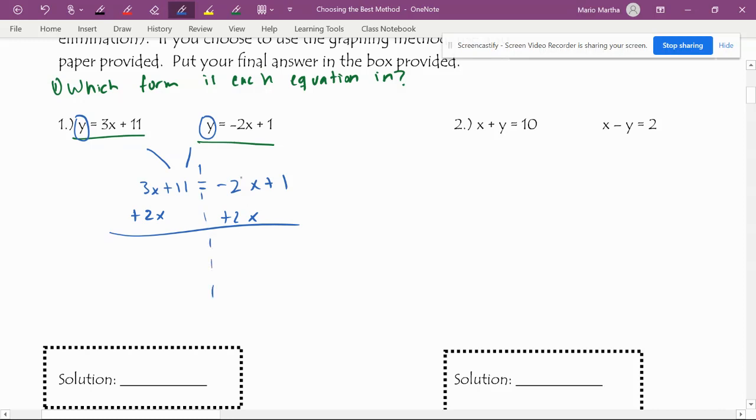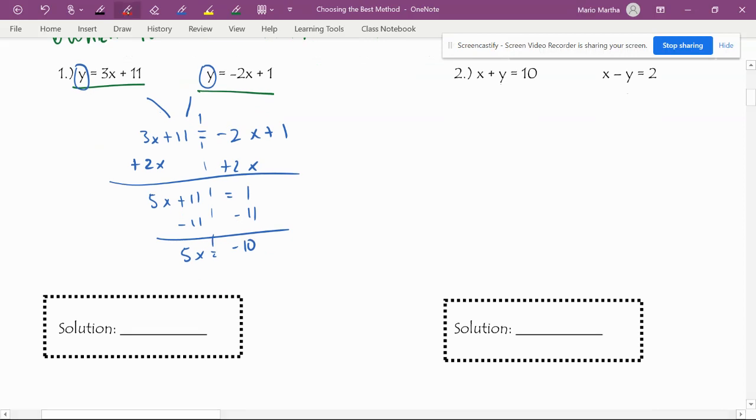Draw the line if it helps. That gives us 5x plus 11 equals positive 1. And then from here, subtract 11 from both sides. We end up with 5x equals negative 10. And then here, right, one more step, divide both sides by 5. You guys get x equals negative 2.